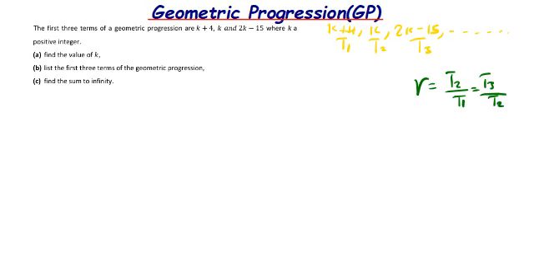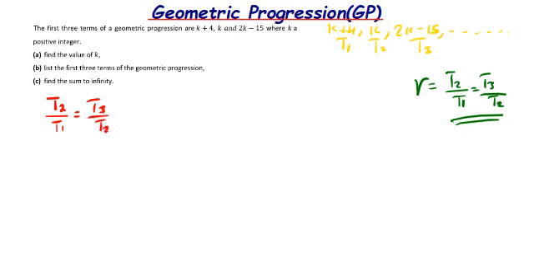So you start by writing the formula first. You say t2 over t1 is equal to t3 over t2.